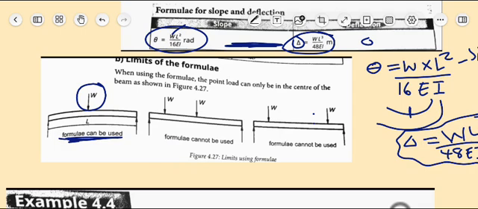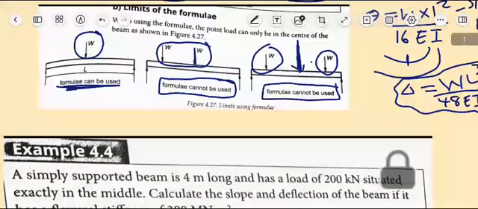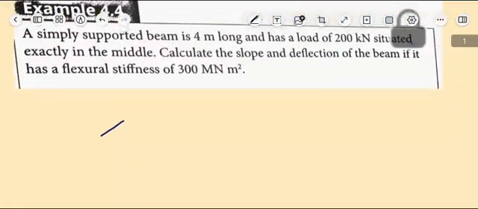But if we have two point loads, one acting in the middle and the other not in the middle, the formulas cannot be used. This is a limitation. Also, if the load is not acting in the middle, the formula cannot be used. We're limited there.